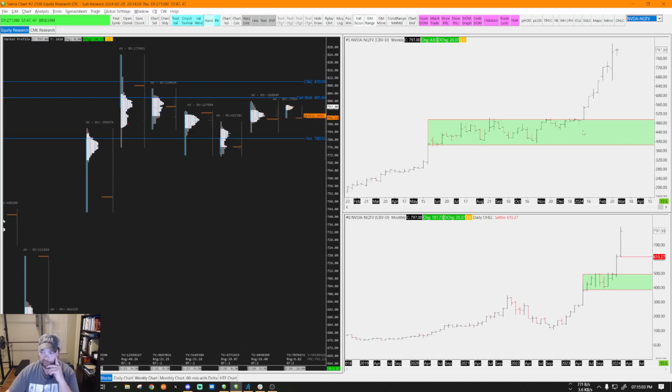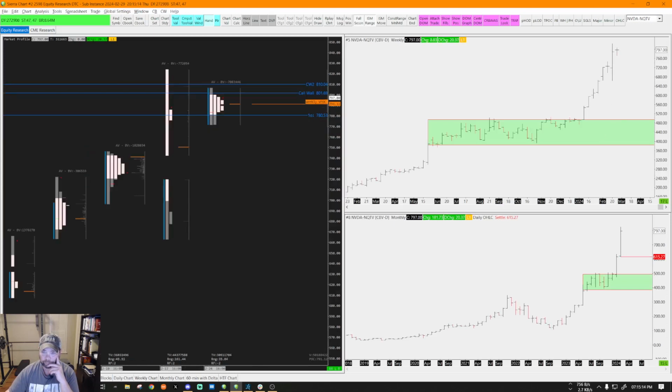It's a big balance area that I had on my chart from before. So monthly chart, see moving strongly out of this balance. Our weekly chart, so we can see where we moved out. Now we've been in kind of a tighter balance here. We're not really in balance on the weekly or the monthly. We're still trending.